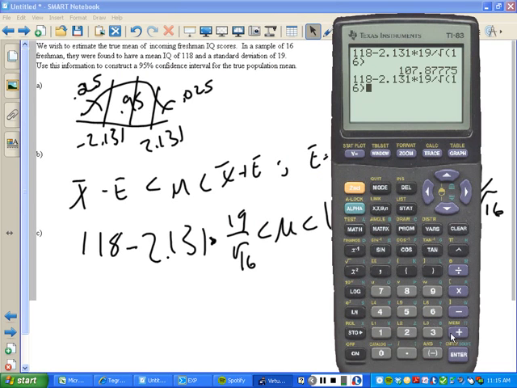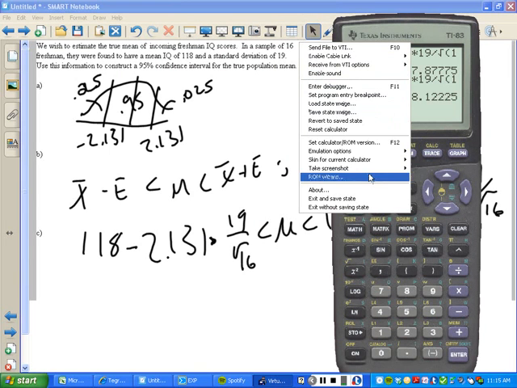Second enter. Change the minus to a plus. 128.12. So 107.88. Let's just save this.